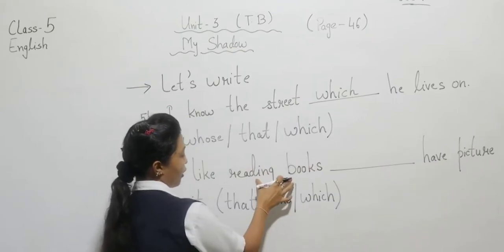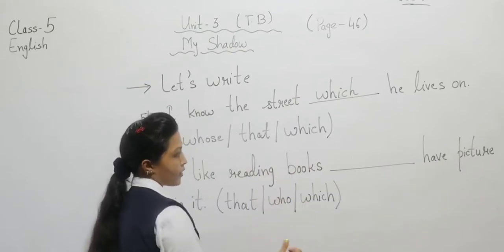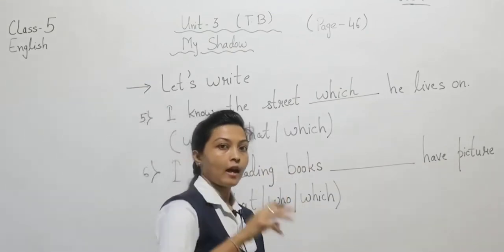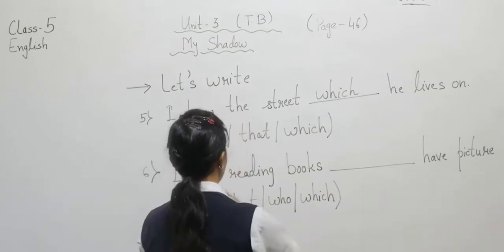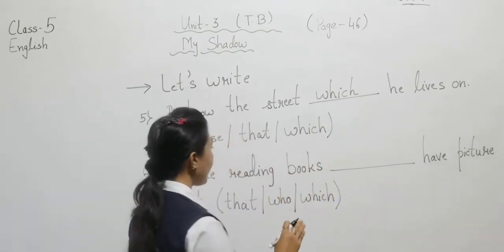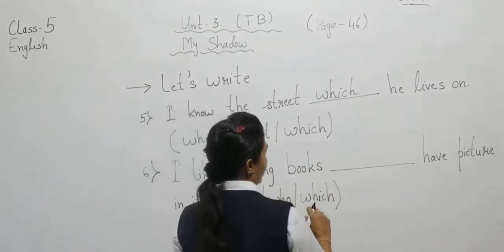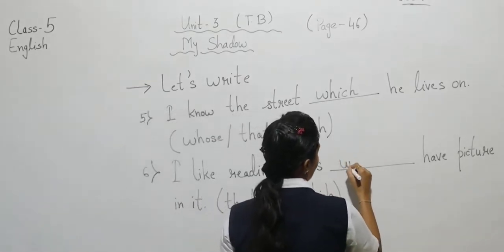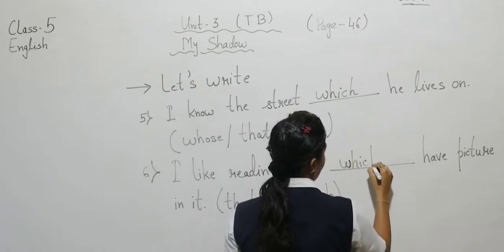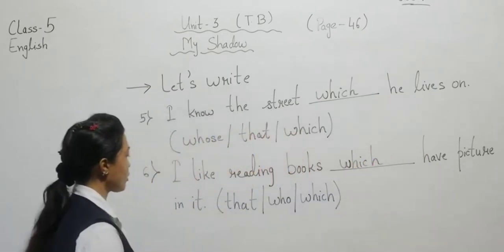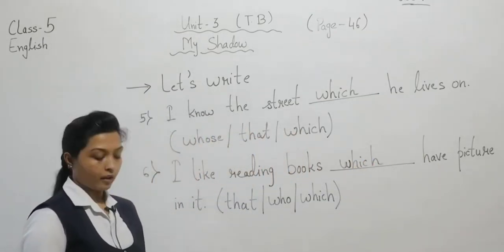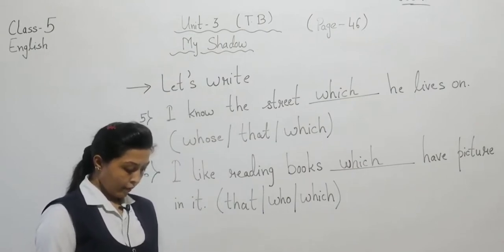So we are talking about here reading books, and we indicate that in them we have pictures in it. I like reading books in which, so which have pictures in it.